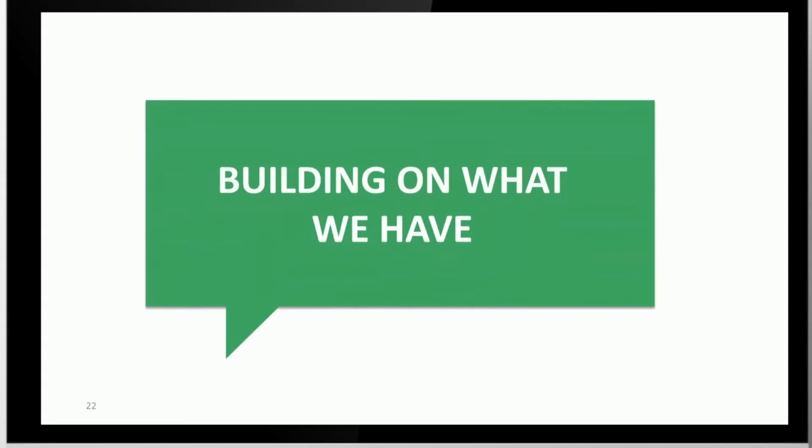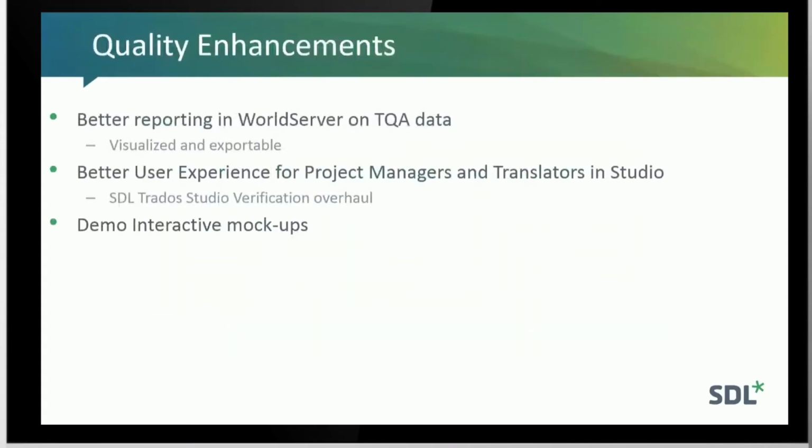So building on what we have, quite a rich set of functionality in the Studio Verification Framework. We have a very rich interaction now between the enterprise tool managing the different processes and therefore potentially different quality requirements across the different project types that can be configured.